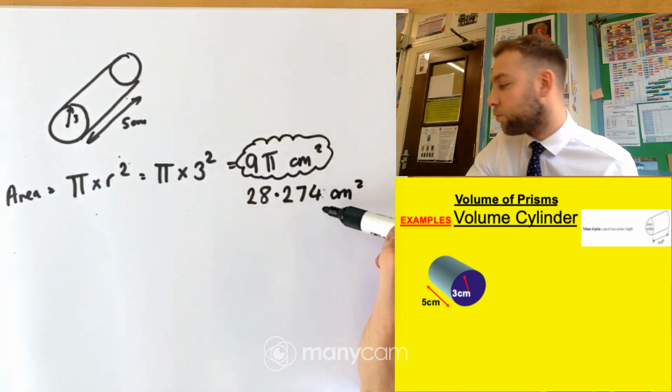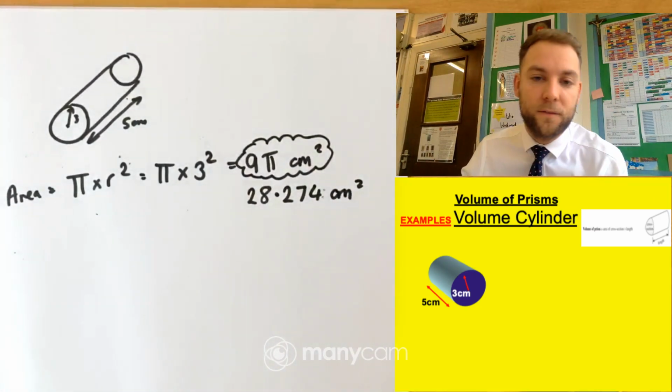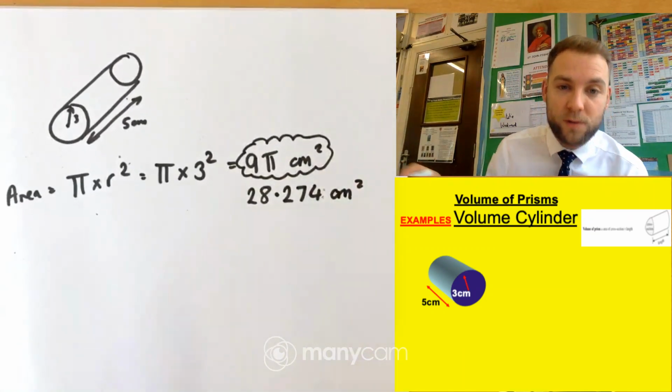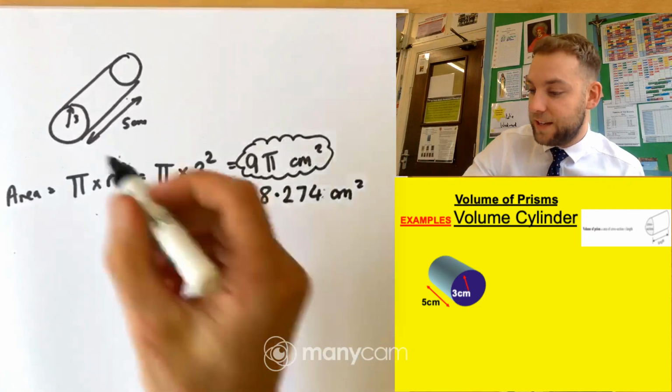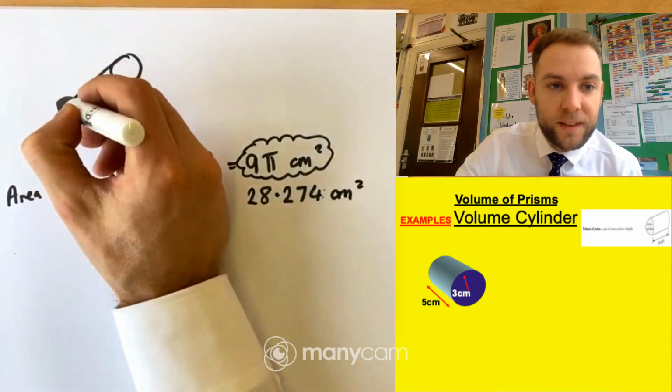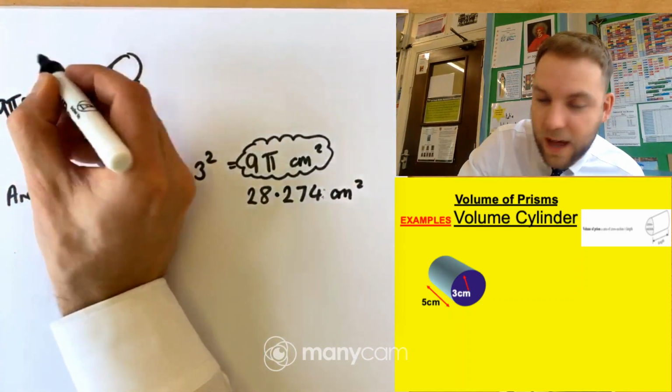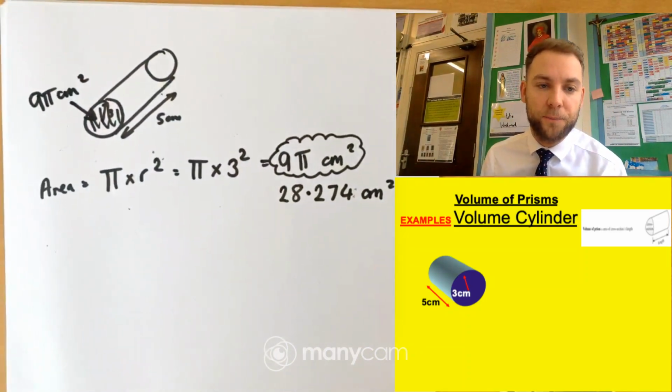Okay, here I've had to round this to 4 decimal places. But actually, this takes into consideration all of those decimal places. Okay, so this is the area of that front there. The area of this now, I know, is equal to 9 pi centimetres squared. That is the area of the front.